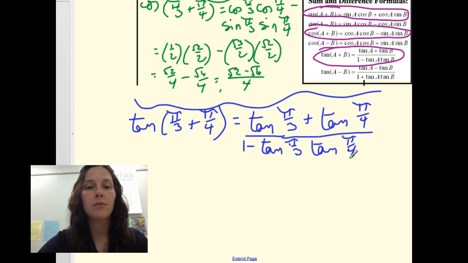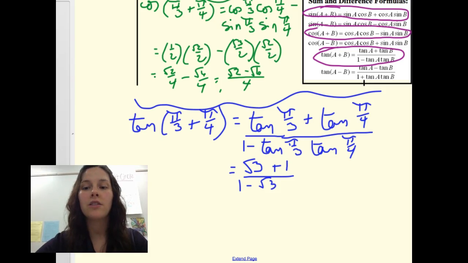What's really nice with the tangents of pi over 4 ones is it's 1, so they essentially cancel out when we multiply. In the numerator, tangent of pi over 3 is square root of 3. That's up at 60 degrees, plus 1, all over 1 minus square root of 3 times 1.